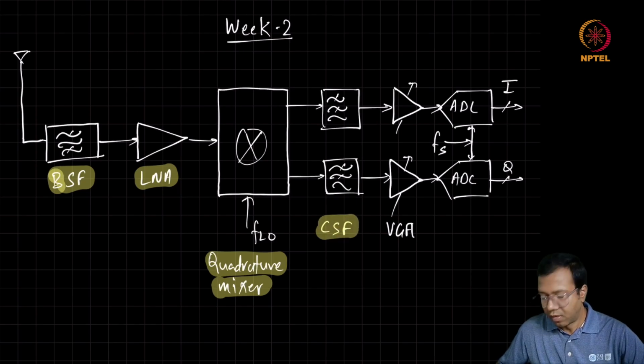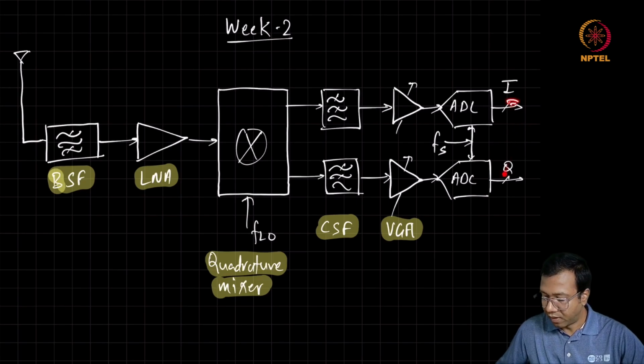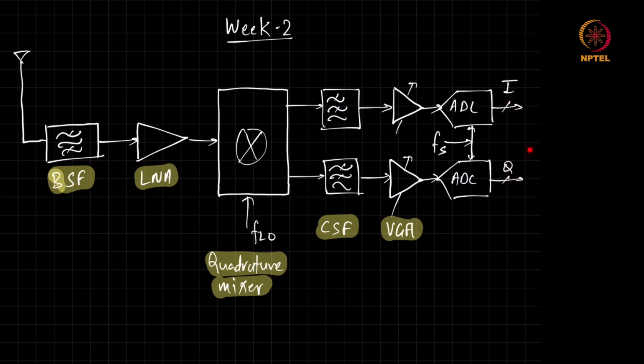After the down conversion, the signal is filtered with a pair of low pass filters acting as channel select filter. Then each of these paths has a variable gain amplifier followed by two ADCs, one each for I path and Q path, so that the final image rejection is going to take place in the digital domain.